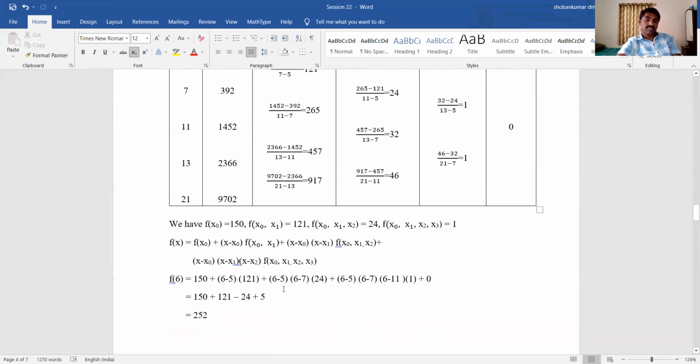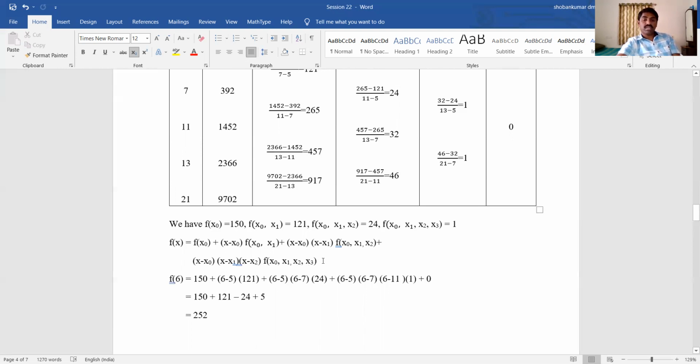Now write down the divided difference formula. f of x equals f of x naught plus x minus x naught into f of x naught x1, plus x minus x naught x minus x1 into f of x naught x1 x2, plus x minus x naught x minus x1 x minus x2 into f of x naught x1 x2 x3.